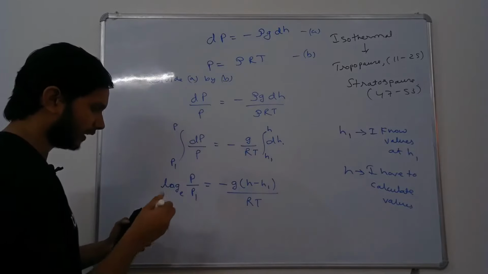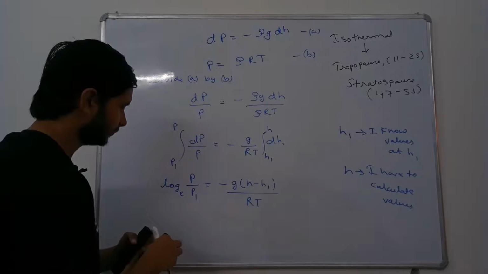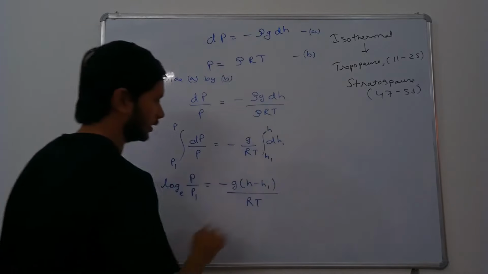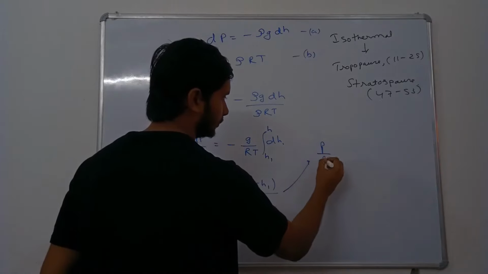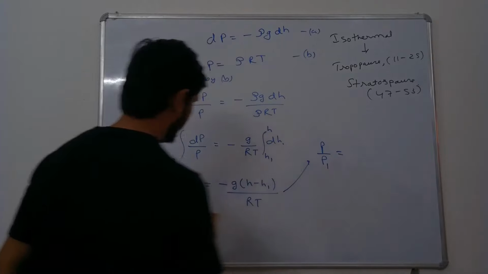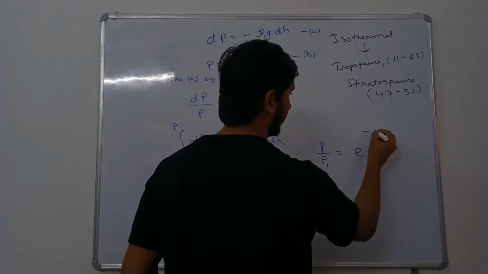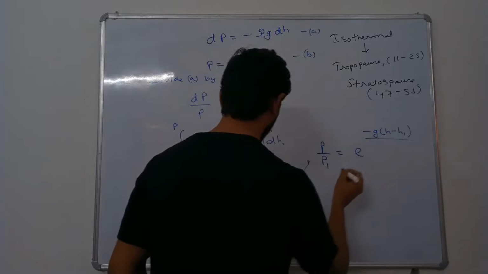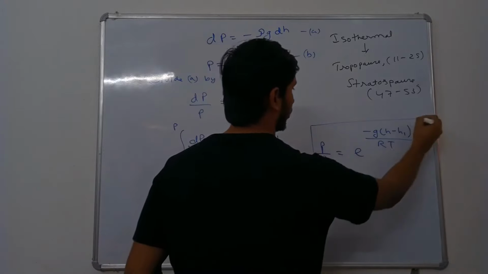Fine. So what will be the final value? Remove the log, and it will become P upon P1 equal to e to the power minus G (H minus H1) upon RT. So this will be the formula for the change of pressure.